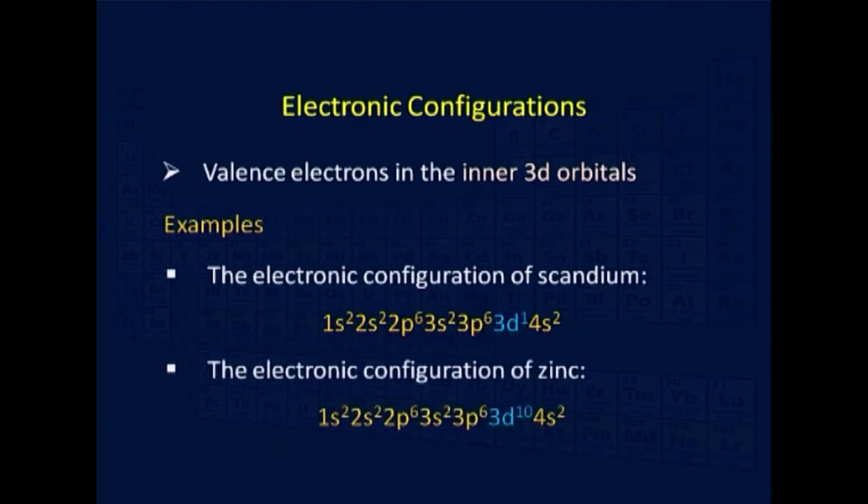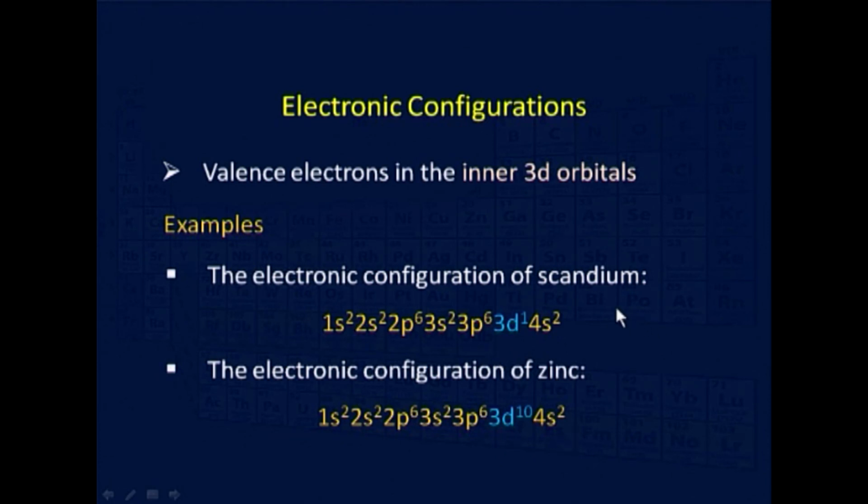So, if I give you the task to write the electronic configuration of the first transition element scandium or the last transition element zinc, then it will be something like this. In scandium, we will have 3d1 4s2, and in zinc we will have 3d10 4s2.